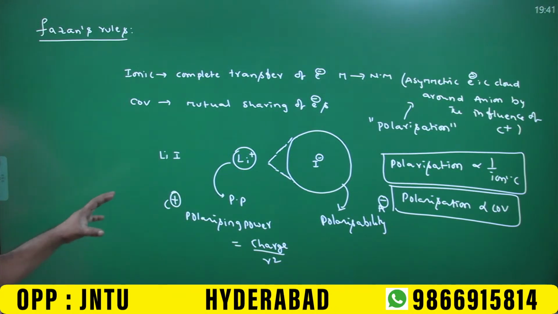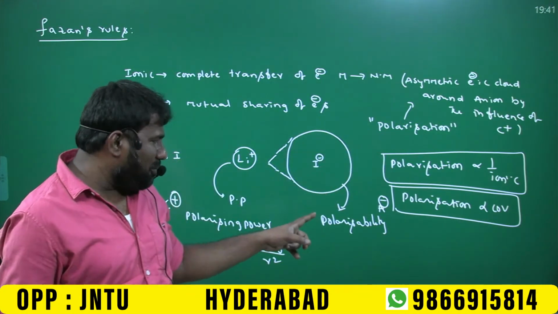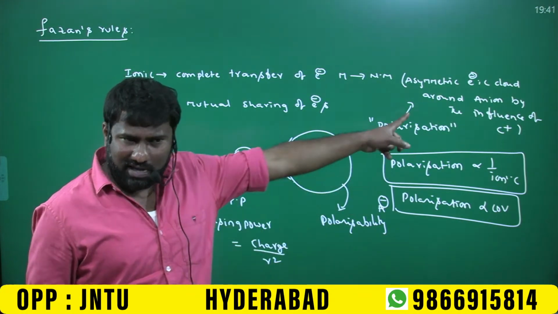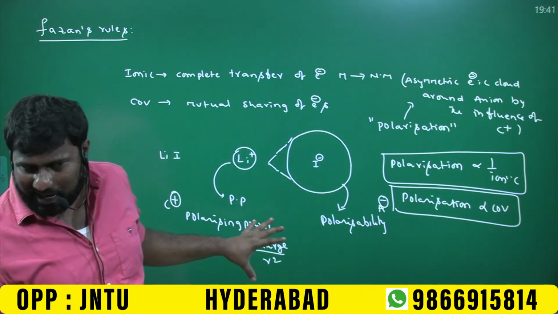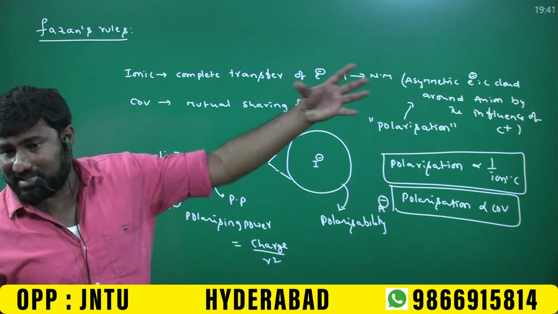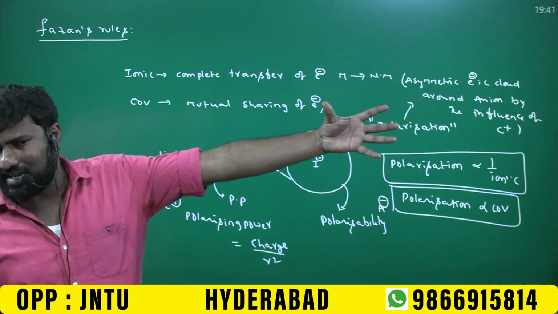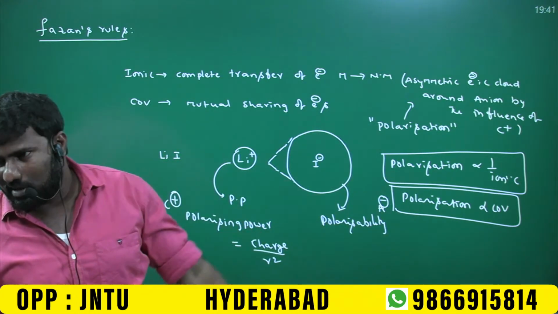If polarizing power of a cation increases, polarization increases. If polarizability of an anion increases, again polarization increases. If the polarizing power of a cation or polarizability of an anion increases, which character increases? Covalent or ionic? Covalent character increases and ionic character decreases.